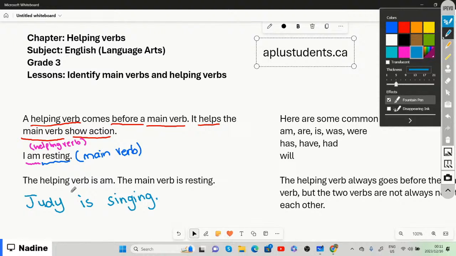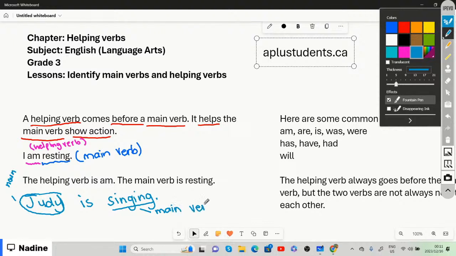If this is our sentence, Judy is singing, then Judy is our noun or our subject. And then our main verb is singing. This is the main verb.